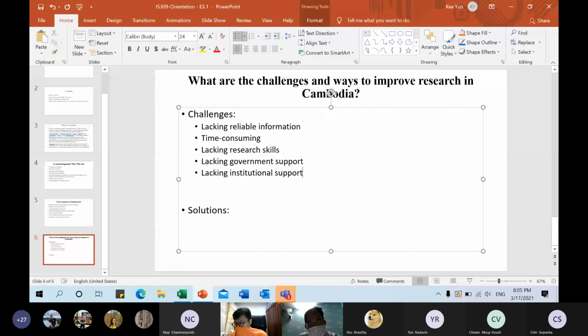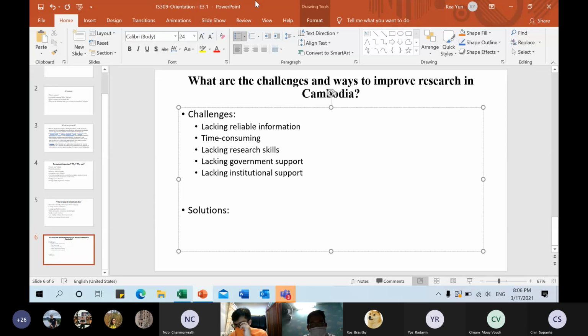I think in other developed countries, the universities have some budget to support students doing research, especially talented students, right? Yes. But in Cambodia, I think it's hard, even in the context of our university, right? We have some budget, but not enough, especially for students, right?